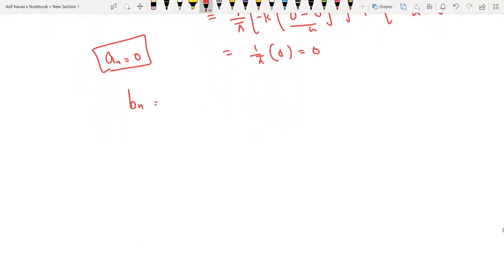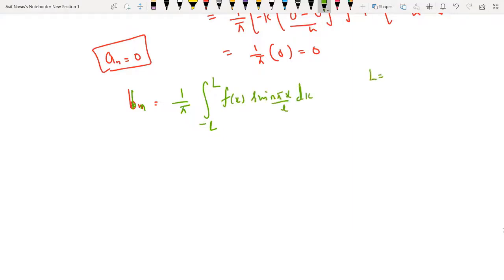So by definition, b n is 1 by pi integral minus L to L f of x sin n pi x by L dx.